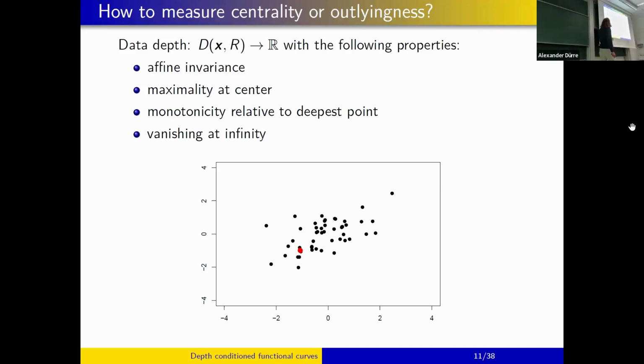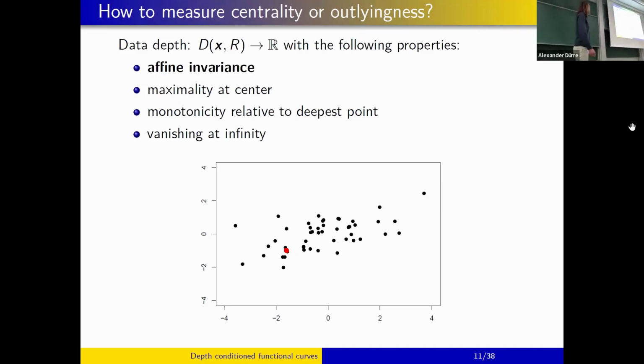It should have the maximum value in the center, whatever maximum means. It should be affine invariant. Affine invariant means that if you stretch the data, then your measure should stay the same. So it's not important how you measure your observations. If you take a linear transformation, it stays the same, and also the depth.